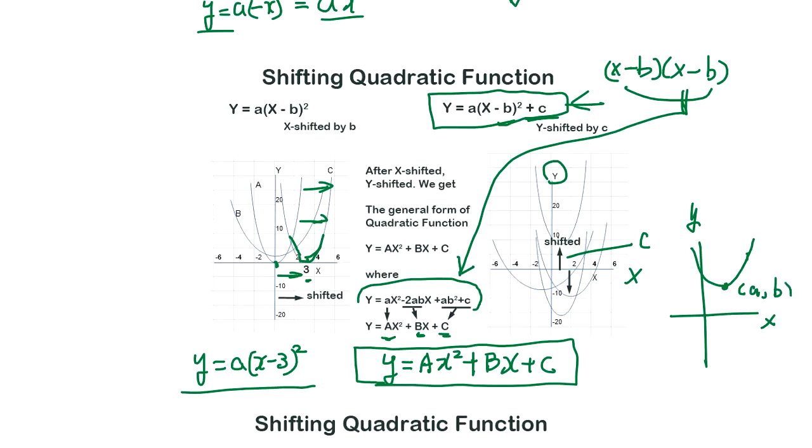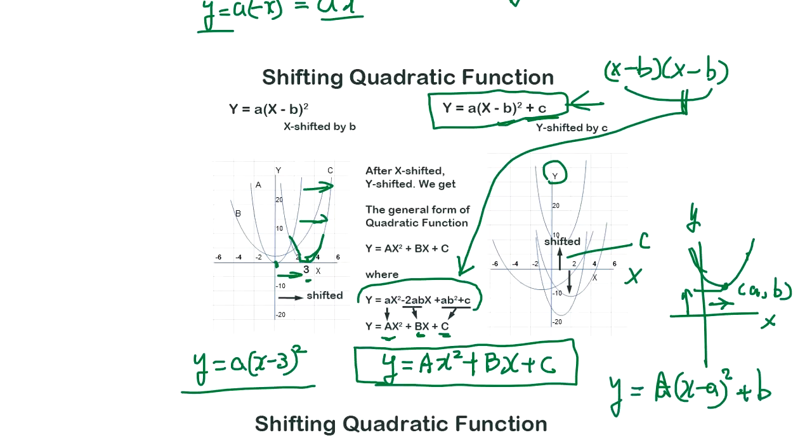So we know this is shifting and this one is shifting, so it's x minus a, right, squared, and this curve is a. In this case we can say capital A, and plus b, shifting b.